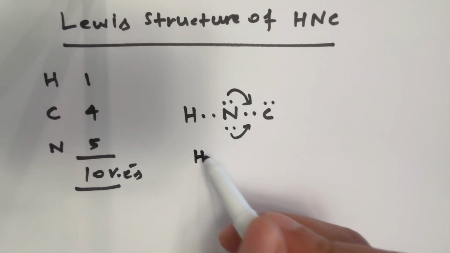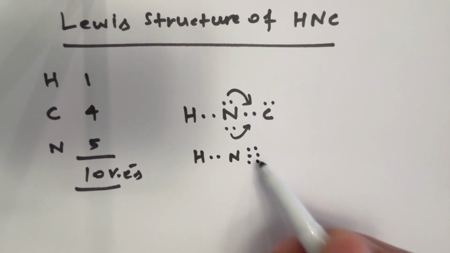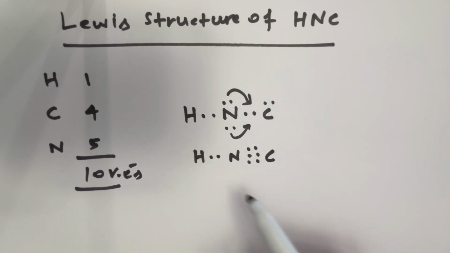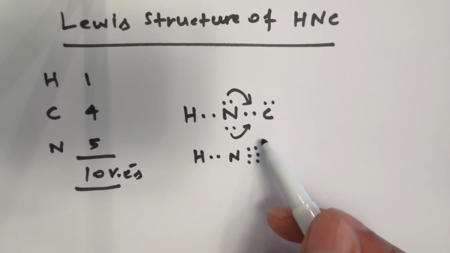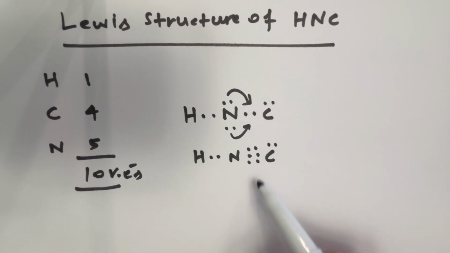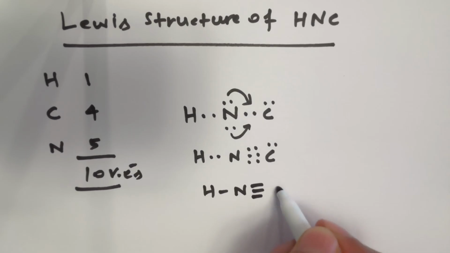So, if we do that, then we have 1, 2, 3. So, 3 bond pairs and then carbon. Now, we have 8 electrons around nitrogen as well as 8 electrons around carbon.